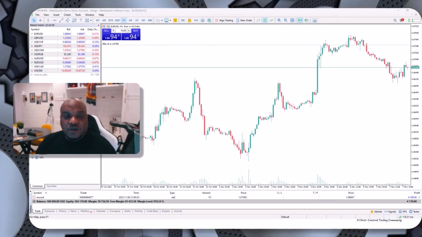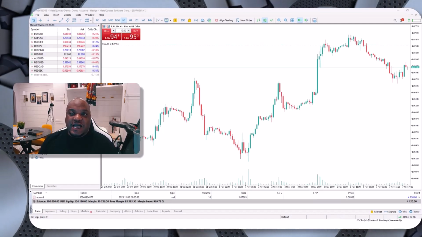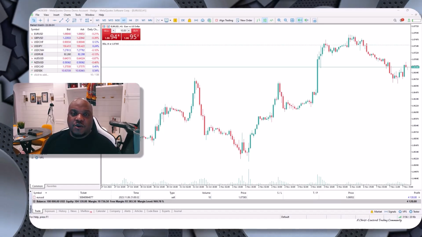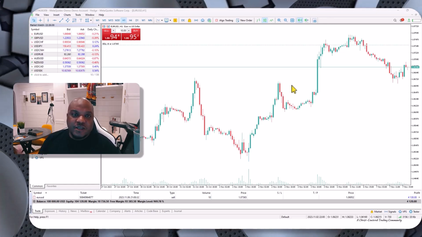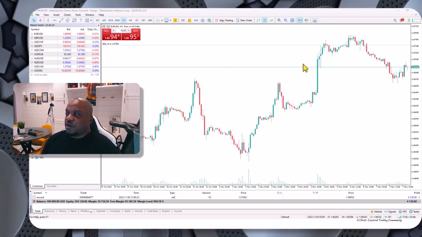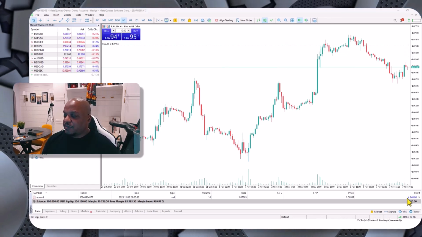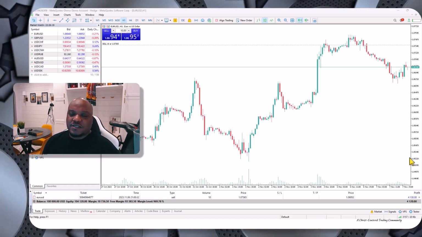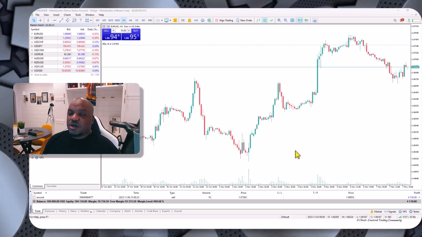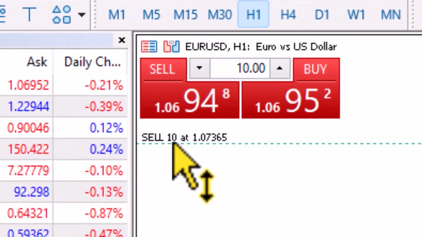All right, so we learned about lot size in this video, and now you know exactly how profit is made. So we are back on our MT5. We're in a sell position. We went down a certain number of pips, and we have profit. Now we know exactly how that profit is calculated, because on our MT5 you'll notice that we're in a short position, and we have 10 lots.